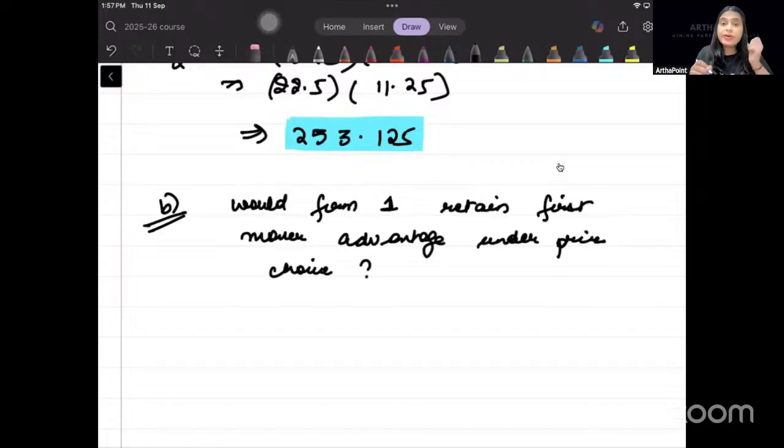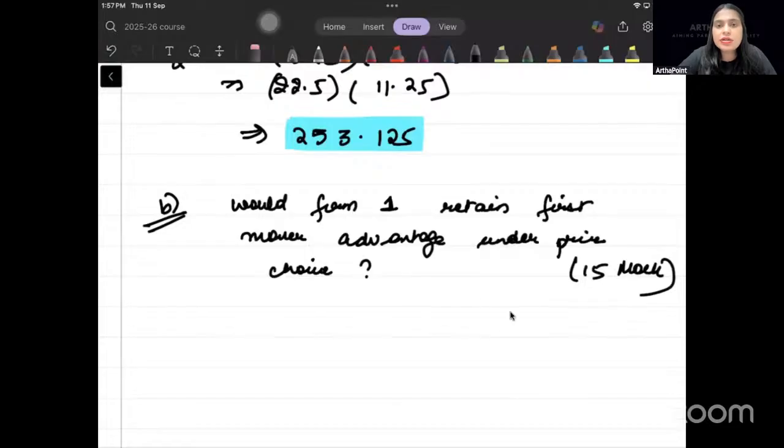Would firm 1 retain first mover advantage under price choice? That means instead of choosing the quantity, if the firms had to choose the price, if this were a price choice, would they have continued doing so? Okay? And this is a 15 mark question, beta. 15 mark question. Okay?